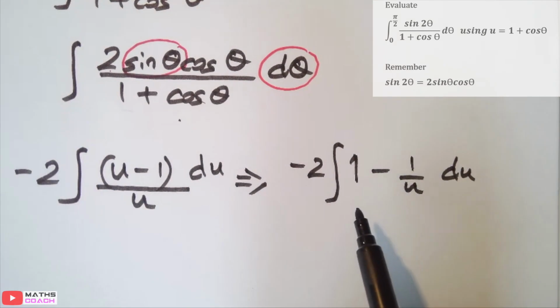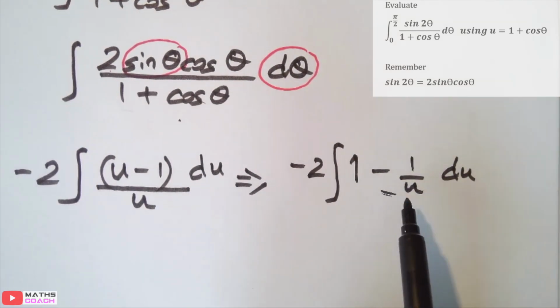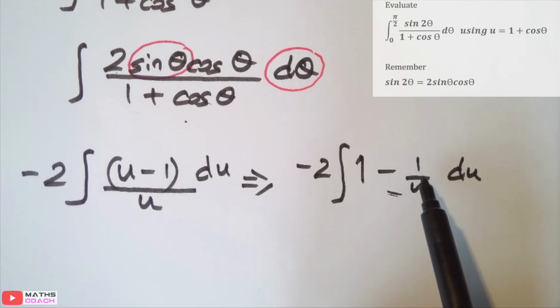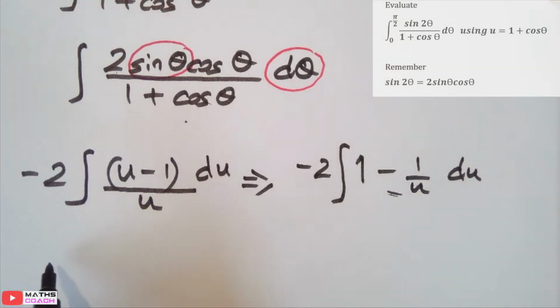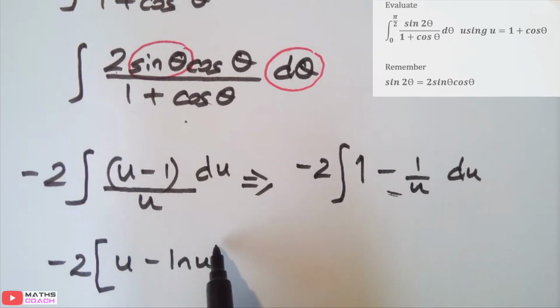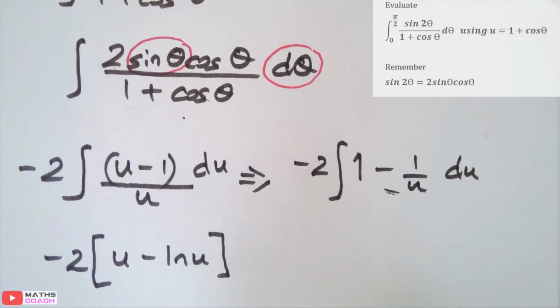We can now start to integrate this. We know that the integration of 1 with respect to u is u, and the integration of 1 over u is ln u. So we now have minus 2, in square brackets, u minus ln u, close square brackets. That's now been integrated.